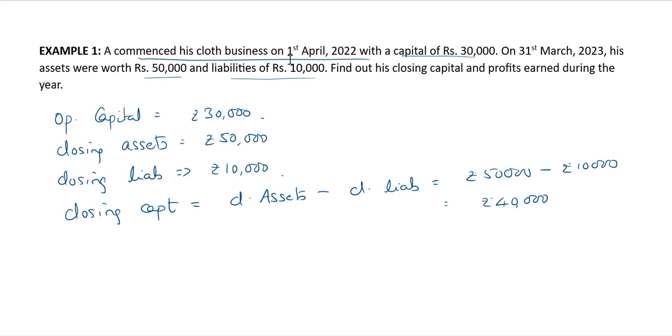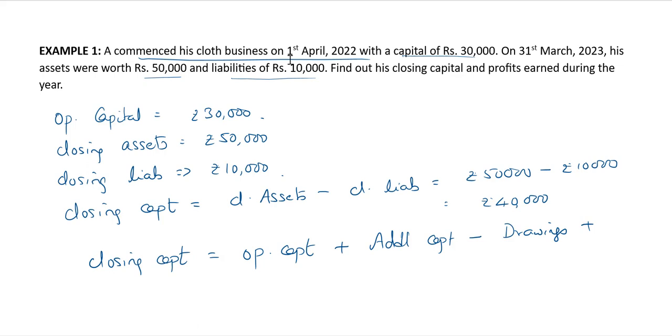Profit earned for the period: closing capital is equal to opening capital plus additional capital minus drawings plus profit. So this is the equation. So the closing capital is given as 40,000.